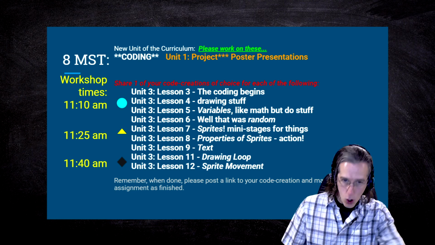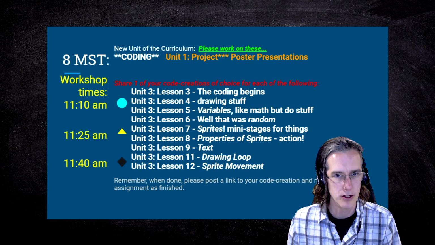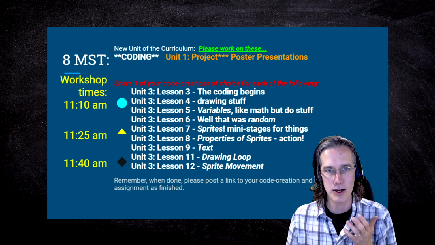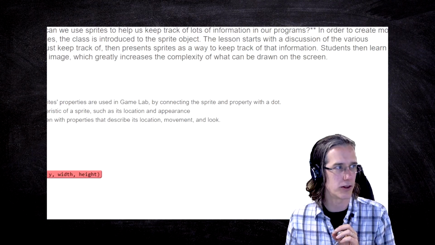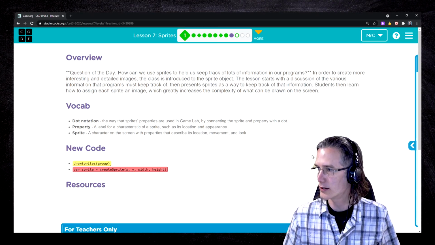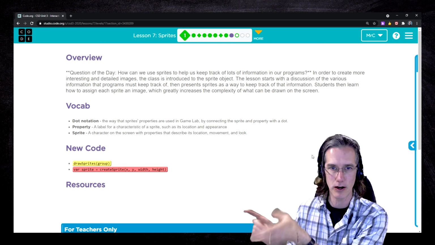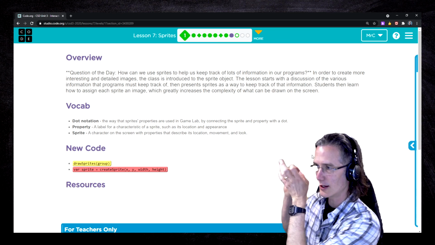And then when you call up your sprite onto the stage, it does its job. So that's kind of how I view sprites, and I did a whole video about that.